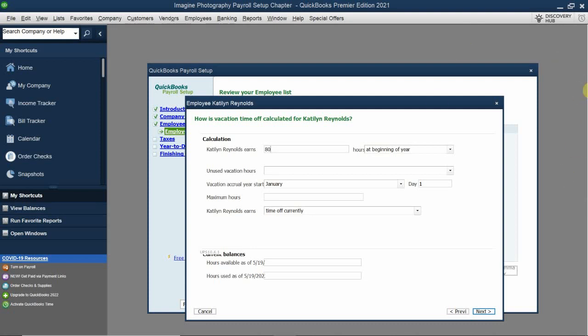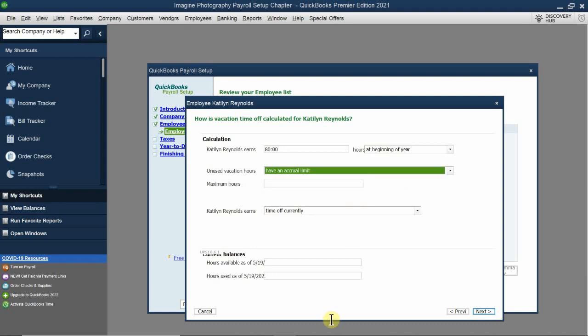So at the beginning of the year. And then the next one asks, what about unused vacation? How many does she earn, and is it going to increase without any limit, or is there an actual limit, or does it carry over? In this case, we actually have a limit.